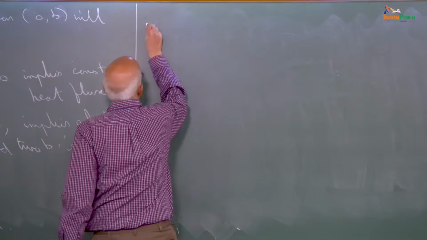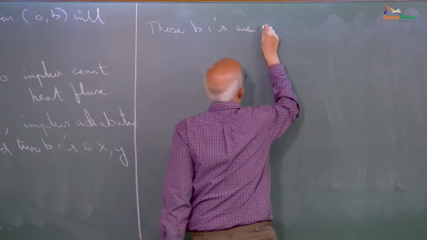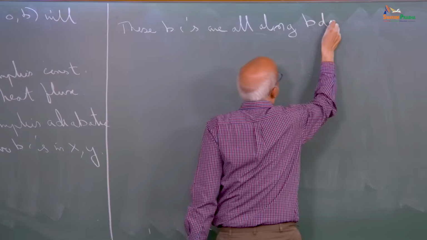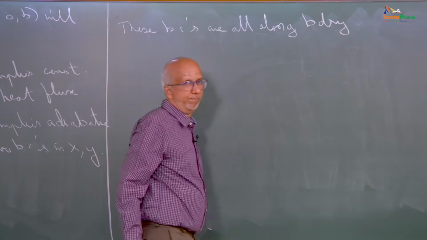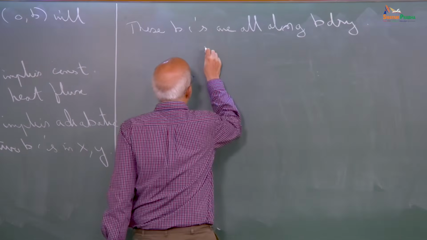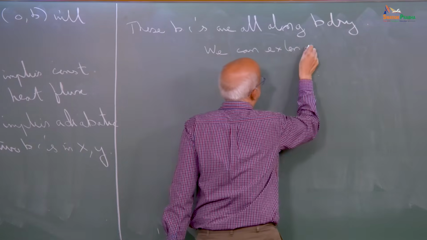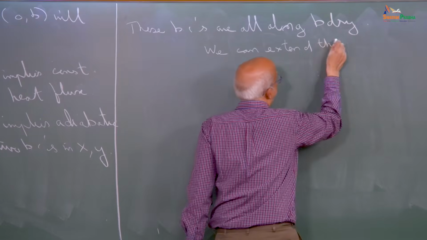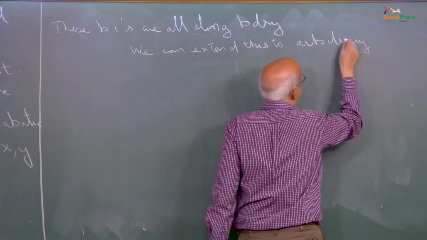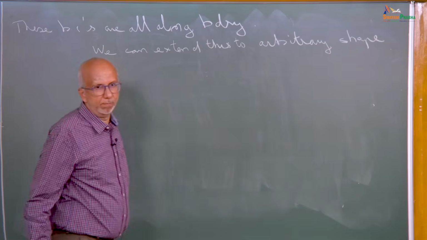These boundary conditions are all along the boundary. So, what I am saying is we can extend this to an arbitrary shape. It does not have to be a rectangle.